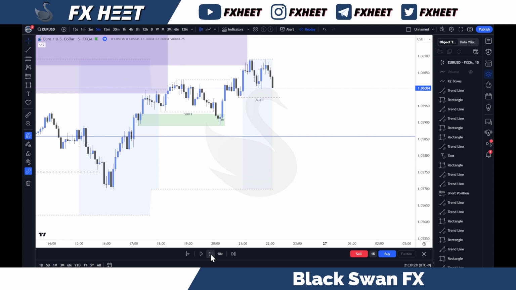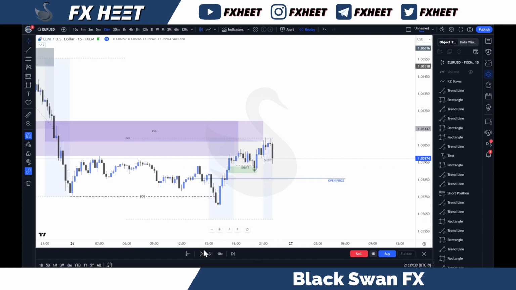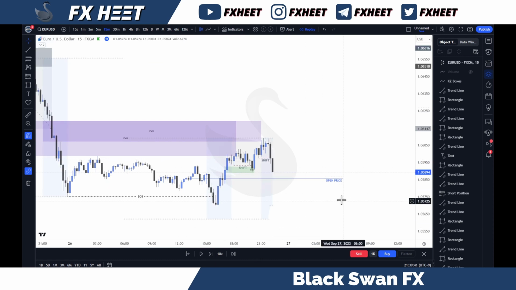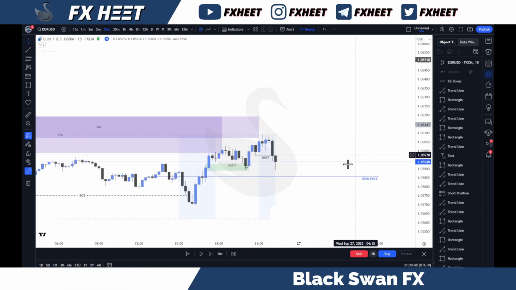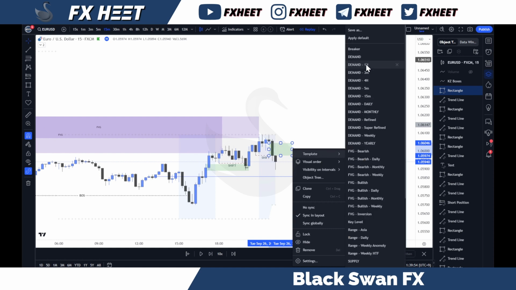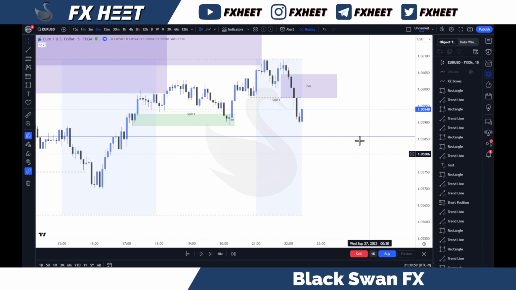That was a very massive pullback. What's the 15-minute showing? Next candle? It's gone lower. I don't think it's going to come back. 15-minute fair value gap here. 5-minute, what is the 5-minute showing?